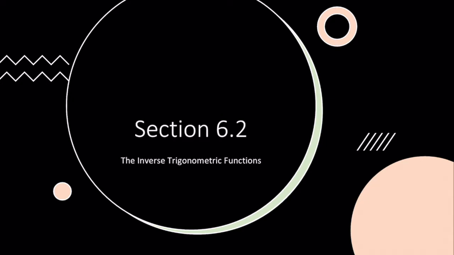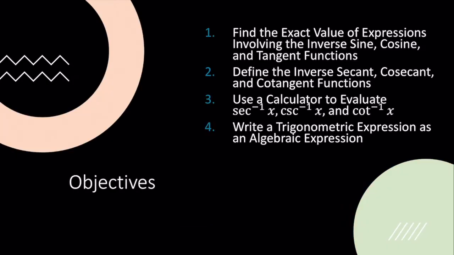Section 6.2 is about the trigonometric inverse functions. So here are our objectives for this lesson. We are going to find the exact values of inverse sine, cosine, and tangent, as well as secant, cosecant, and cotangent. We're then going to use a calculator to calculate secant inverse.